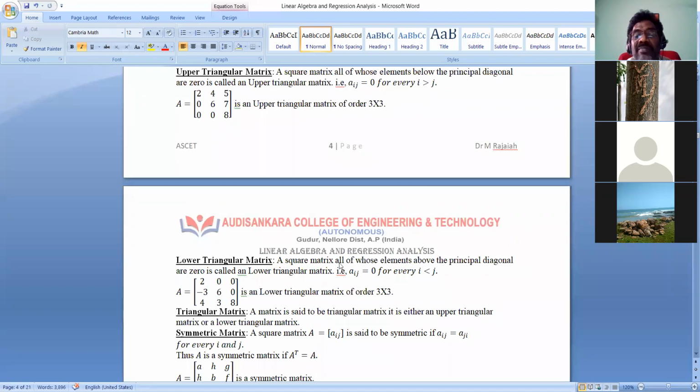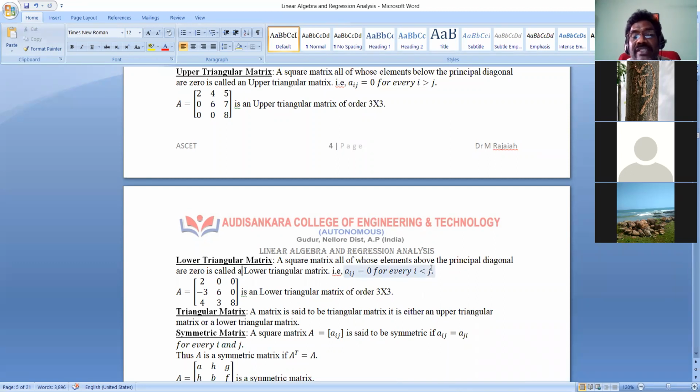For example, a square matrix all of whose elements above the principal diagonal are zeros is called a lower triangular matrix. That is, a_ij equals 0 for every i less than j.